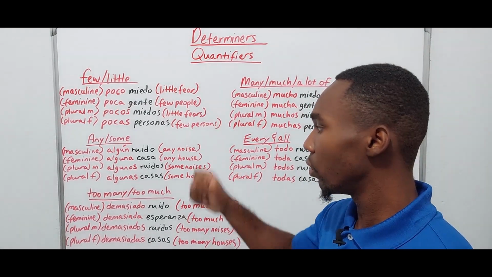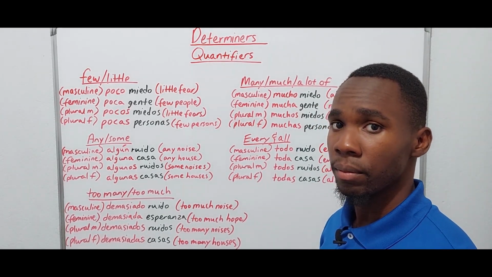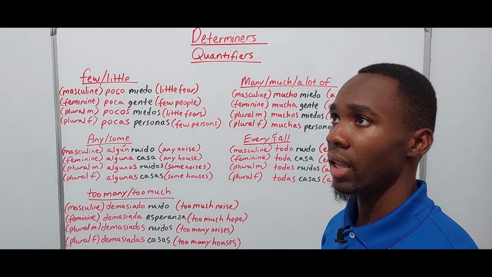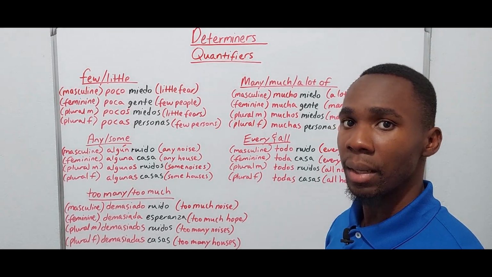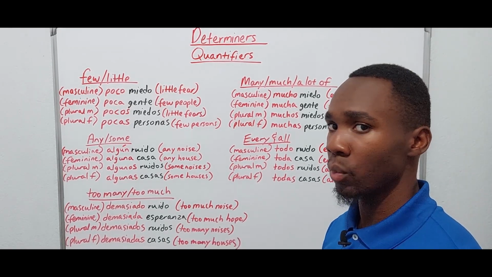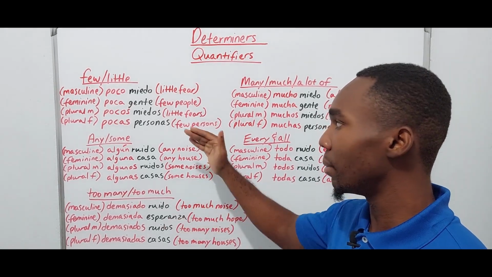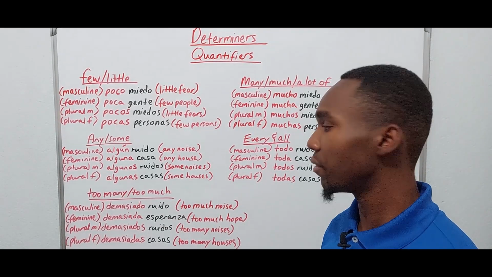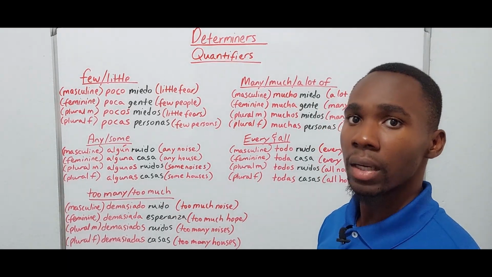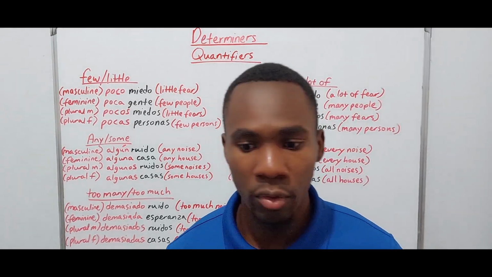And like poco, demasiado can be an adverb. So if I were to say él habla demasiado, that means he talks too much. As an adverb, it would not change. But here we are using them as adjectives, so they have to agree with the noun in terms of gender and number.